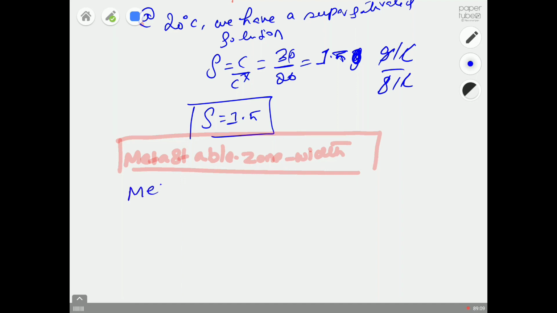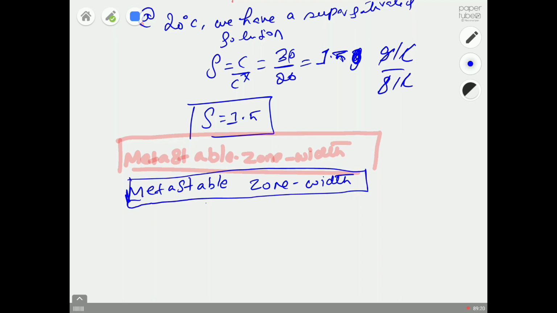Let me write it down here. This is a property of your solute and solvent and your process conditions. I will explain this very soon.